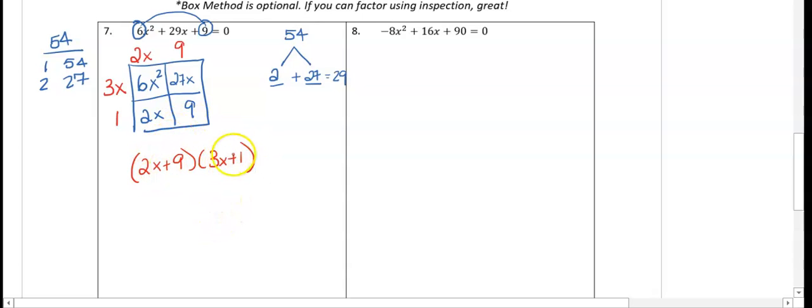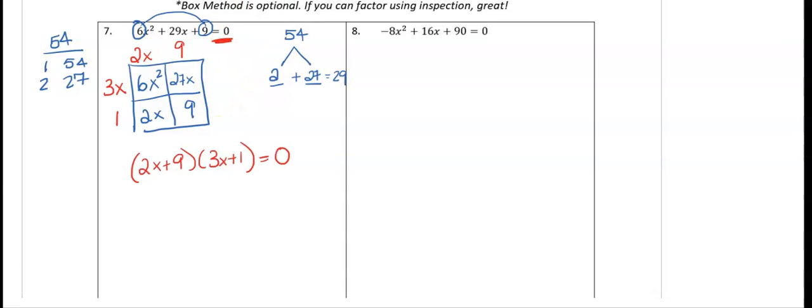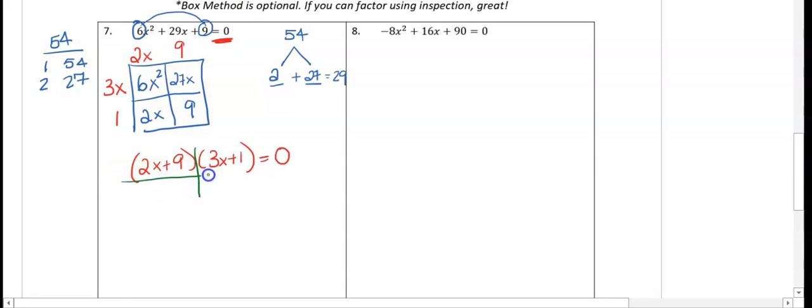That's what I've got right here, and I've got to set that equal to 0 because that's what we started with. So now I've got two little things inside my parentheses, and I'm going to set it up as two equations. I've got 2x plus 9 equals 0, and 3x plus 1 equals 0.